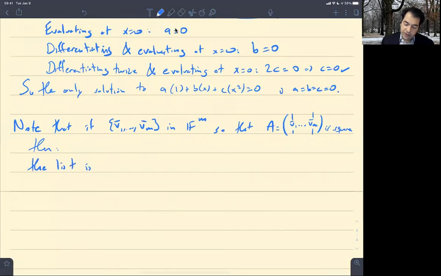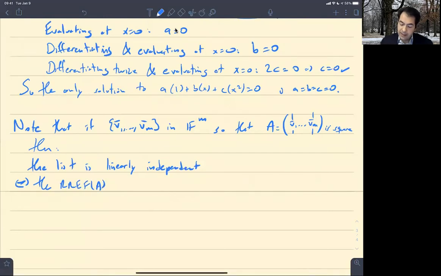The list is linearly independent, right? That's the same as saying, by our algorithm, that the reduced row echelon form of A has a pivot in every column.